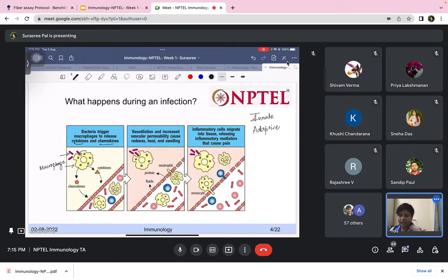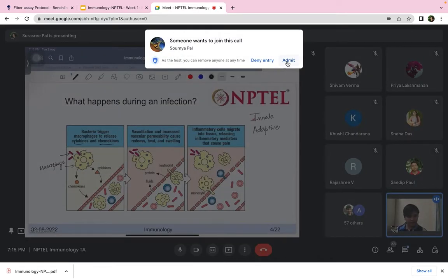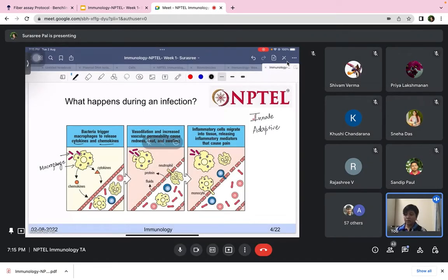In the later classes we will learn more about the cytokines and chemokines, what they are and what their different classes are. But just to introduce you to them, they are different chemicals which help the immune cells to activate some other cells. So suppose I am undergoing infection, please come and help me, that kind of response is provided by the cytokines.